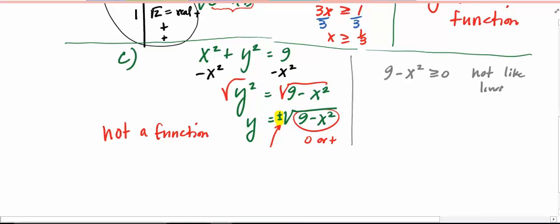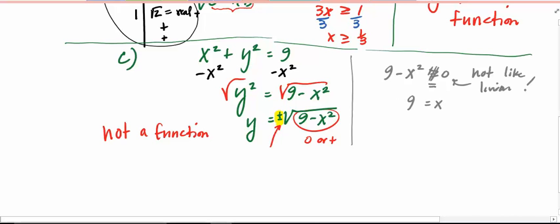If you're not familiar with solving a quadratic inequality, we can't go into it in this video, so here's what we're going to do. We're going to act like this is an equals for the time being.